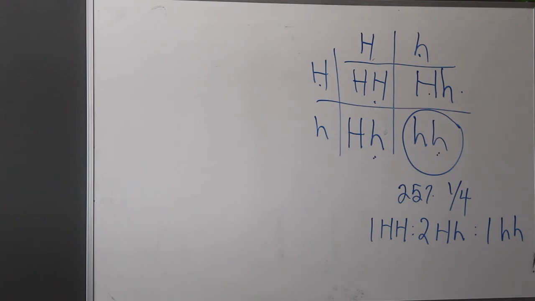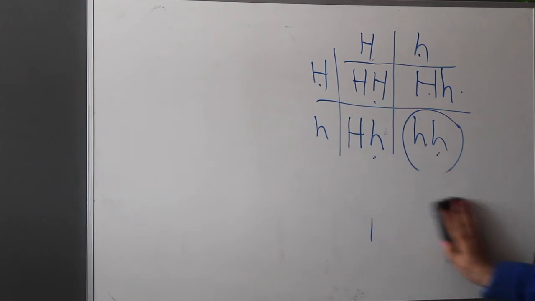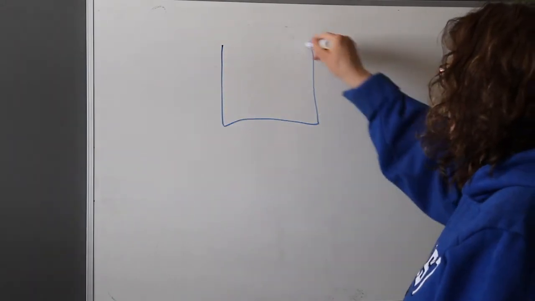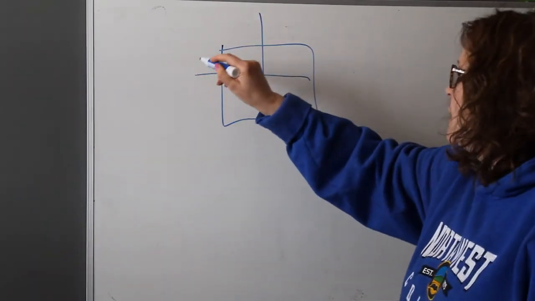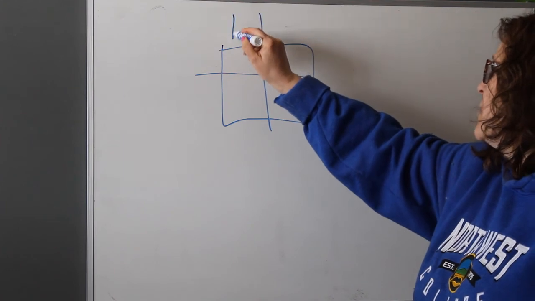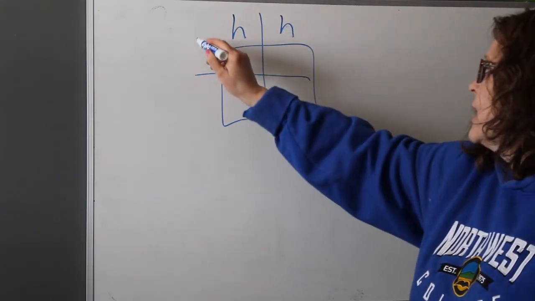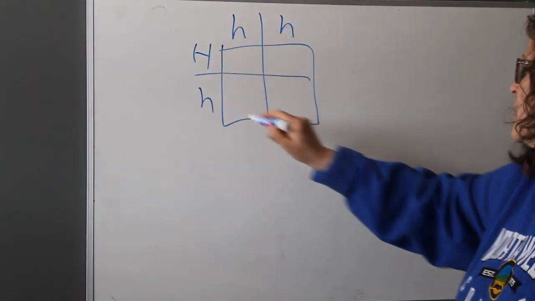And we could do a variety of crosses like this. I'll put a couple on and you can pause it and give them a try, and then I'll work them out for you. So I'm going to put on a person who has the condition and a person who's a carrier.